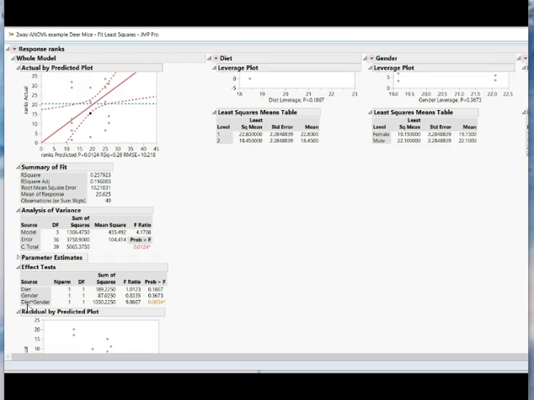That's what an interaction is. And often because of that, it'll wash out the significance of the individual treatments because it's significant half the time and not significant the other half of the time, right? Depending on which diet you're doing or which gender you're in. So this is why the interactions become really helpful.